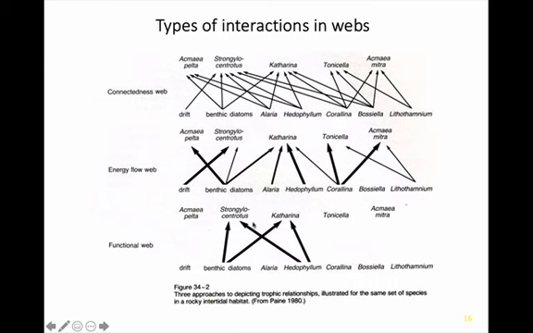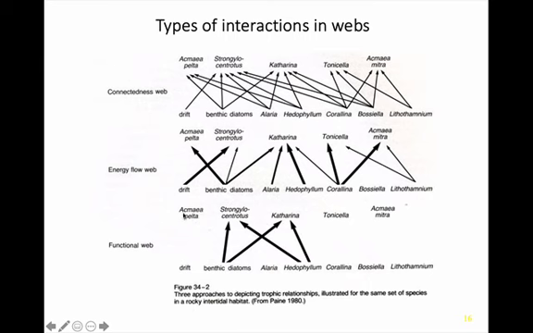If we remove Strongylocentrotus, then some of the energy from Hedophyllum is not transferred here, some from diatoms is not transferred here. Instead, it gets transferred to Catharina, and that then is responsible for extinctions both on this level and on this level. So you can only determine a functional food web by removing serially one of these species and asking, is the diversity of the web maintained aside from the removal of this species?